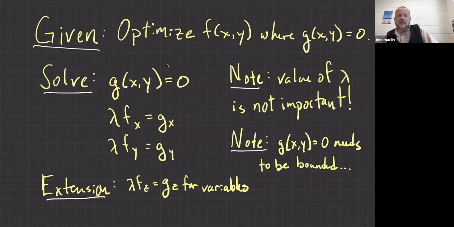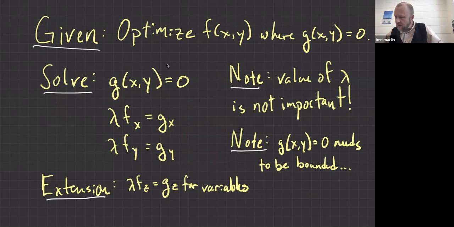So the way that you will tackle this is that you're going to stick with that constraint that you were given, and you're going to add a couple of equations here that are going to seem pretty weird. We introduce an extra variable lambda.